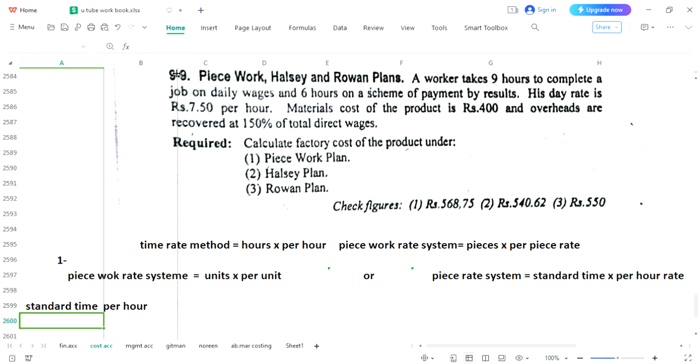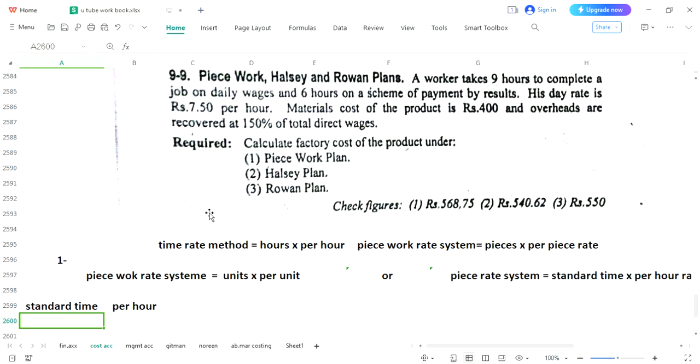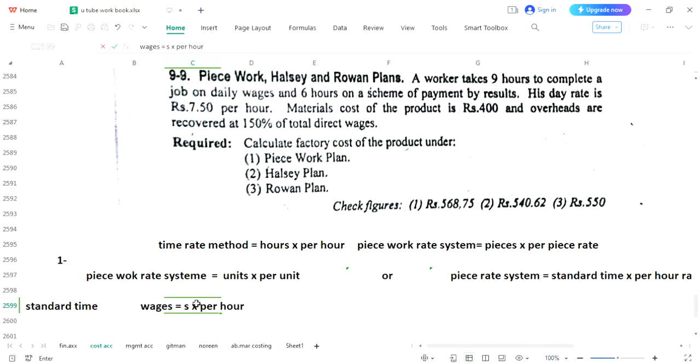And finally, to calculate your amount of wages, or labor rate, standard time would be multiplied by per hour rate.